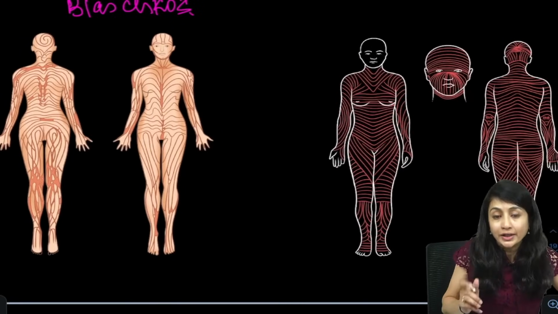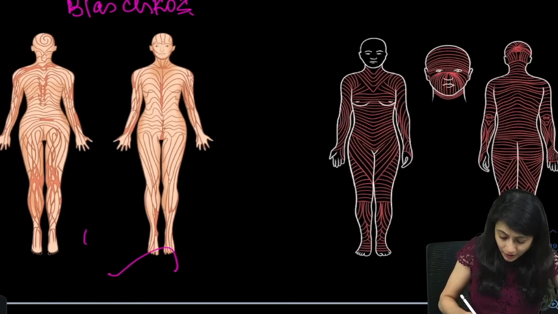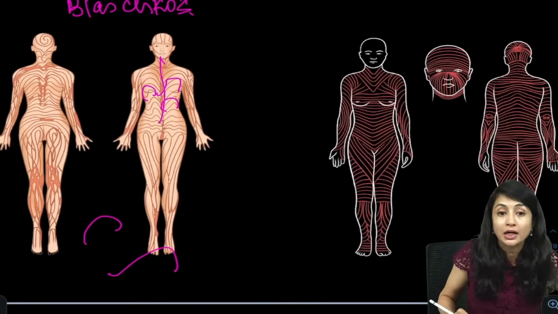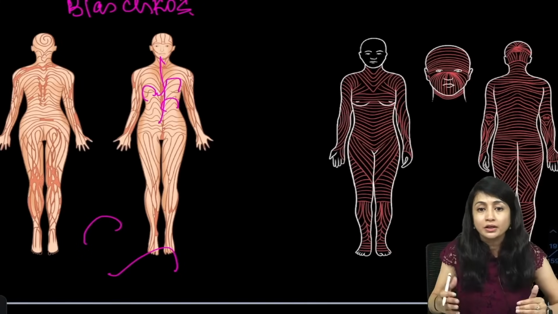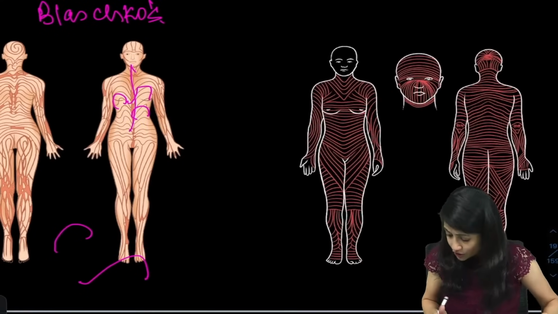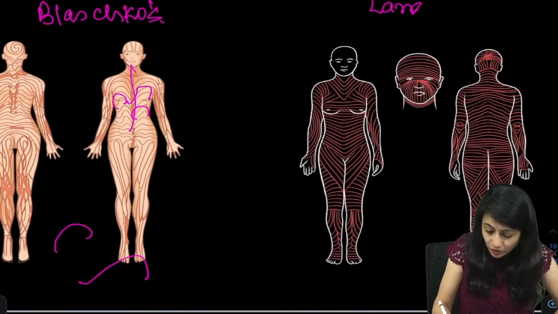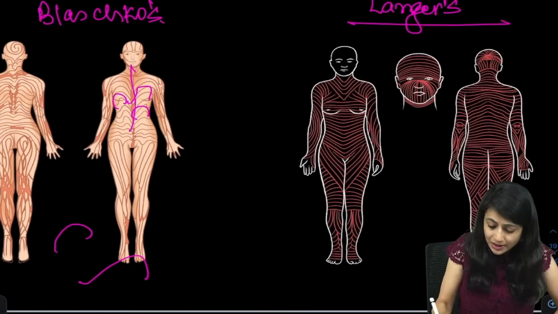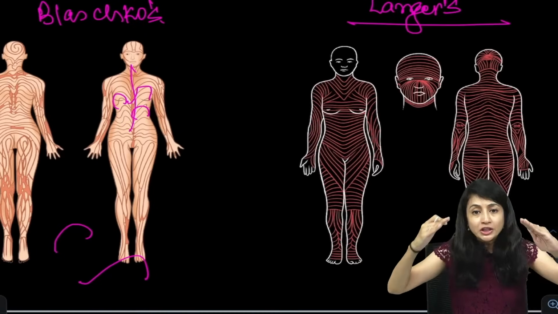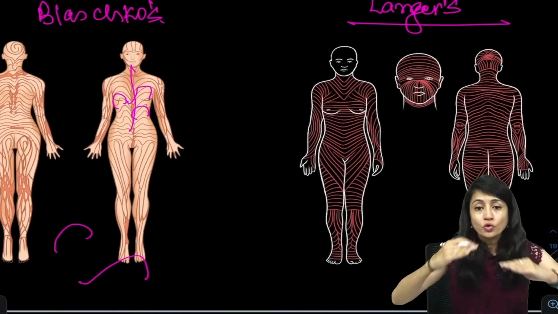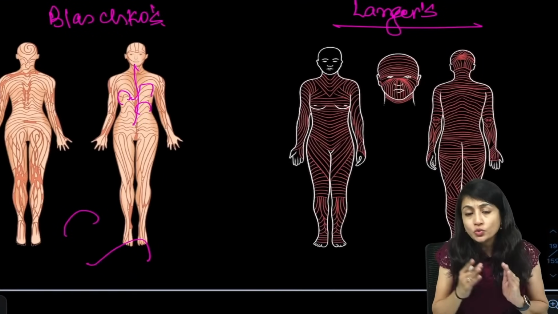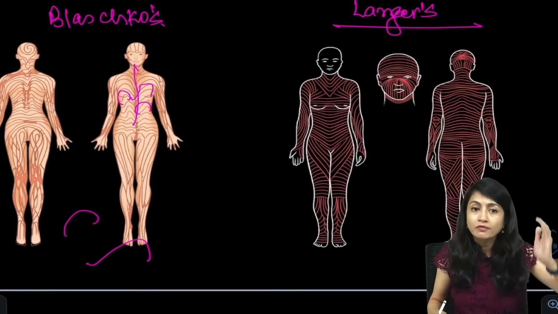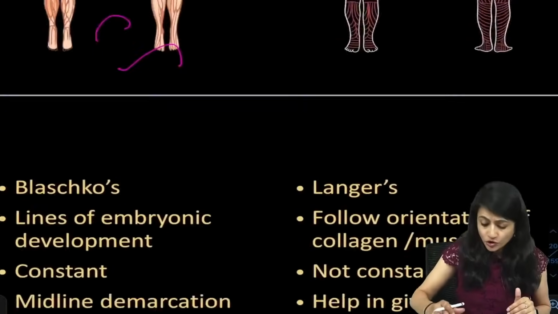Very easy to identify, they are curved. Look at these lines, these are all curved. There will be a strict midline demarcation and the lines would be curvy, whereas the other lines, which are called Langer's lines, are more V-shaped or straight. So you do not get confused. These are usually the two lines which are given. Curved, Blaschko's; Langer's are more straight and V-shaped.